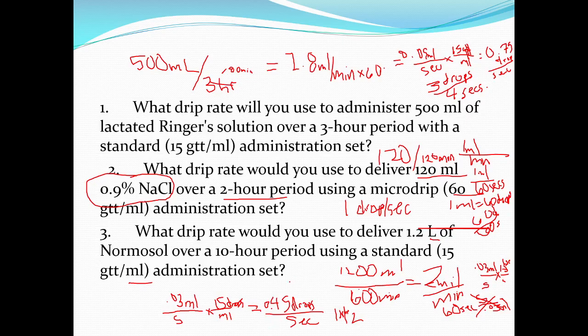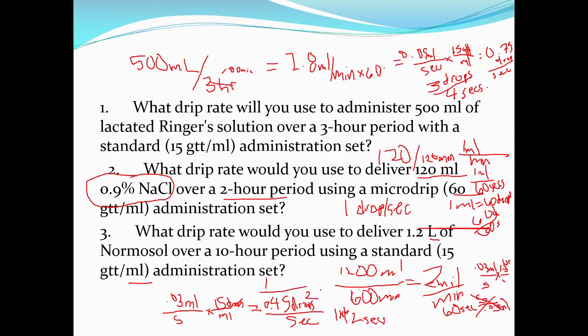Okay. If you are having difficulty changing this decimal to a fraction, divide 1 by this decimal, and that will give you 1 on top and whatever number you get on the bottom. So 1 drop every 2 seconds.